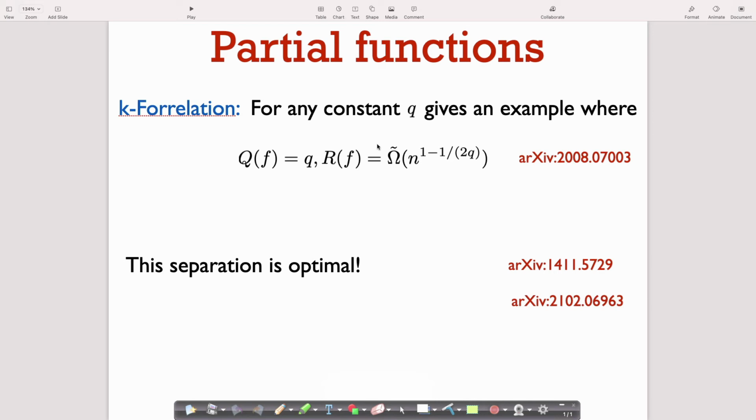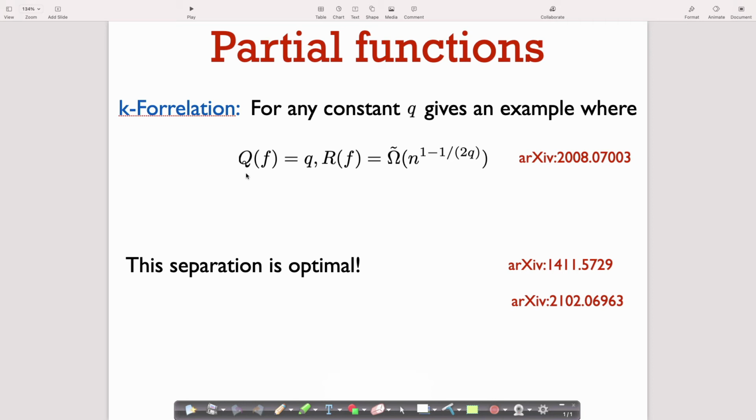Okay, so for any constant q, it gives an example of a function where the quantum query complexity is q, and the randomized complexity is at least n to the power 1 minus 1 divided by 2q. Okay. So showing this randomized lower bound is very non-trivial, and that's done in this paper here. And it's known that this separation is almost optimal.